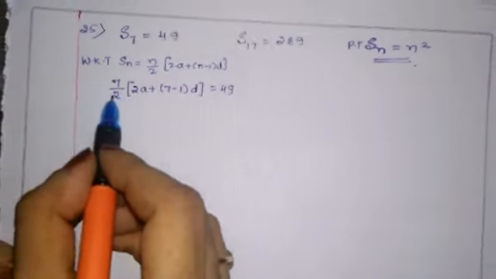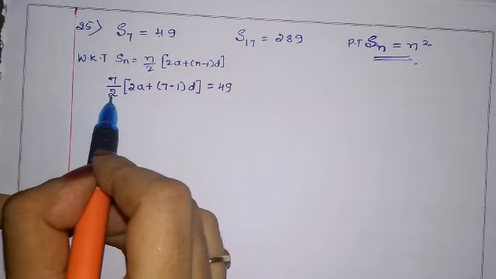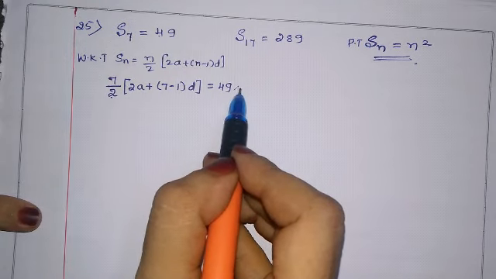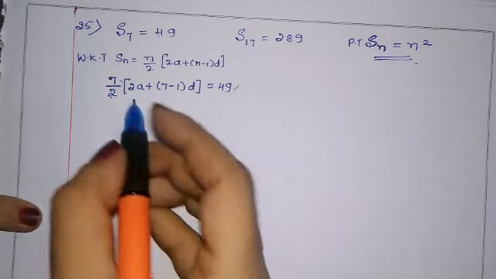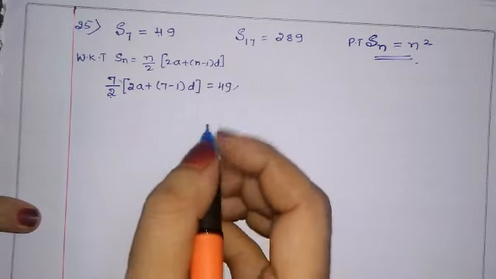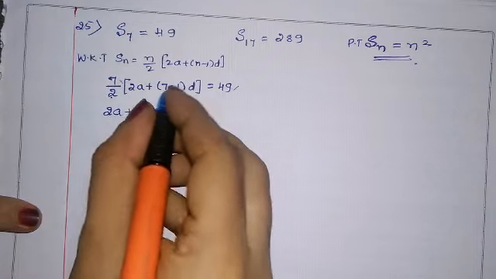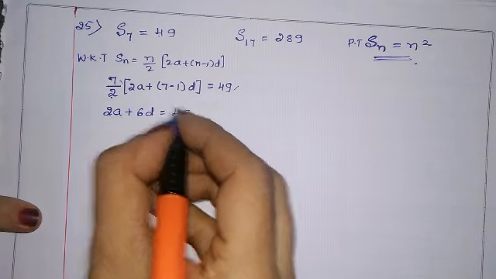Now we can look at it properly. This 2 is in divide position, so it will go to that side and multiply, and 7 is in multiply position, so it will go and divide. Next step, I'll take this 7 by 2 to that side. What will happen? See here, 2a plus 7 minus 1 is 6d, and 49 as it is.